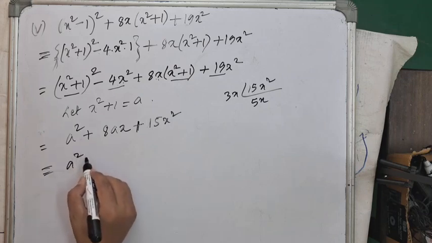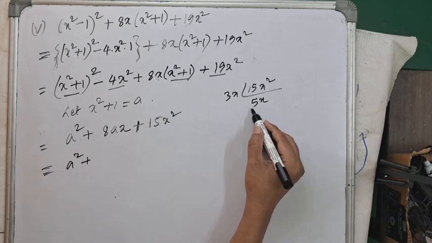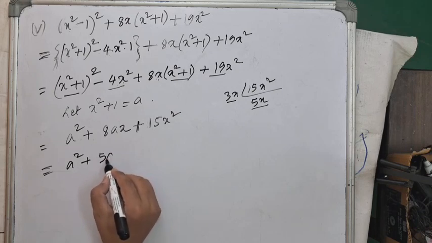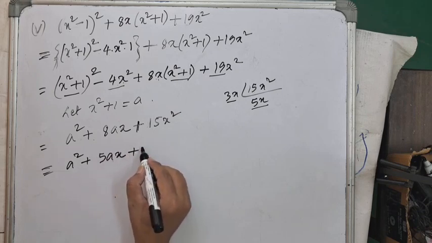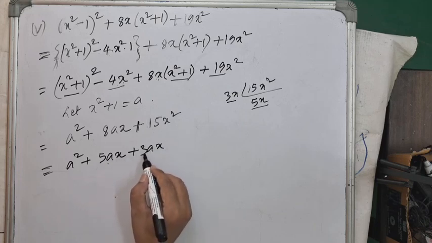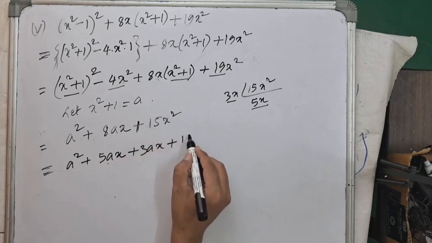So a square plus, we need plus 8ax, which means plus 5x plus 3x is plus 8x. Means plus 5ax plus 3ax. Plus 5ax plus 3ax is plus 8ax plus 15x square, okay?